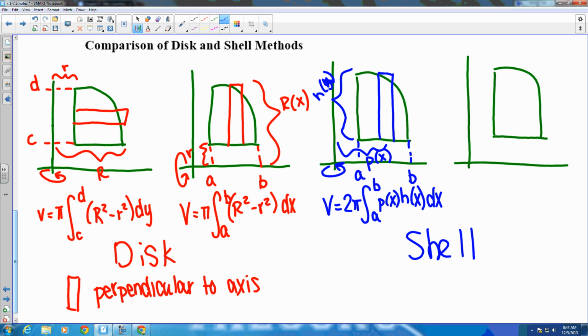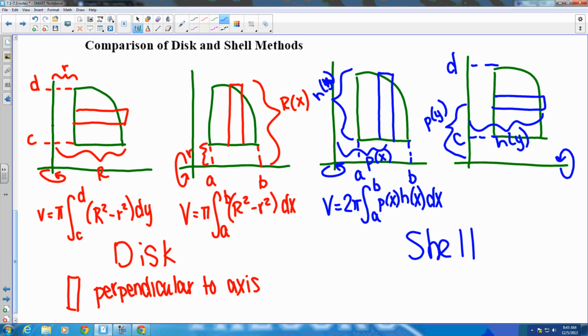And then if we're flipping around the x-axis, we're going to go from c to d, draw on our rectangle. So the first one is p of y, the distance it takes to get to the rectangle, and h of y, which is the height of the rectangle, and our volume is 2 pi times the integral from c to d of p of y h of y dy.